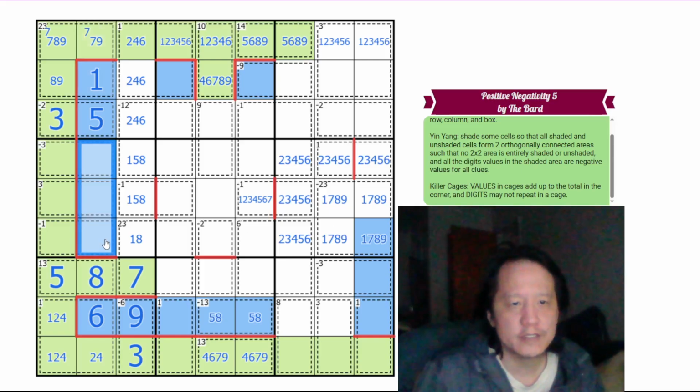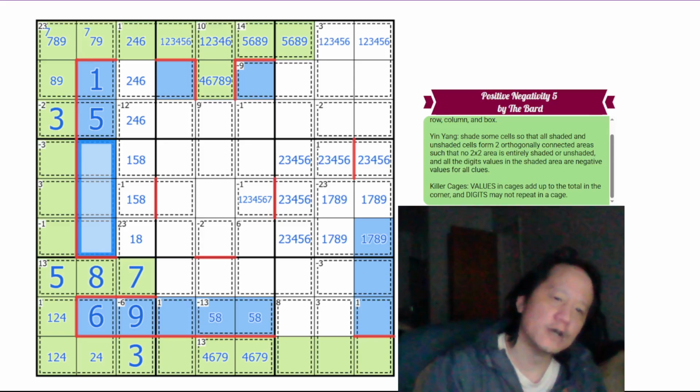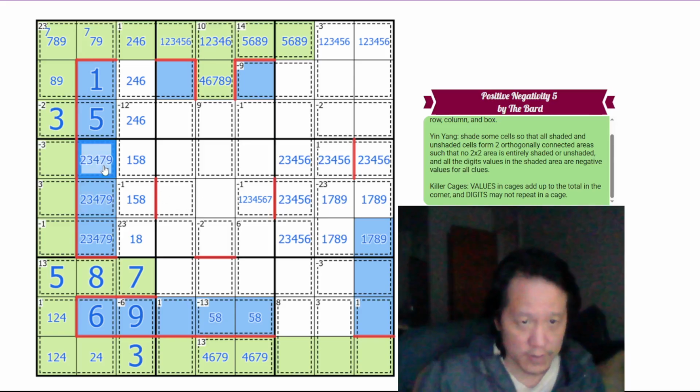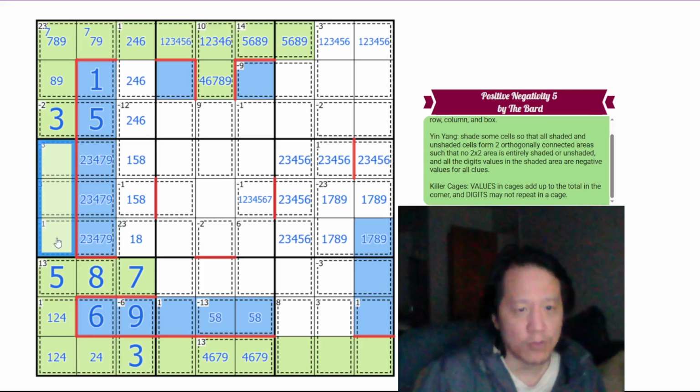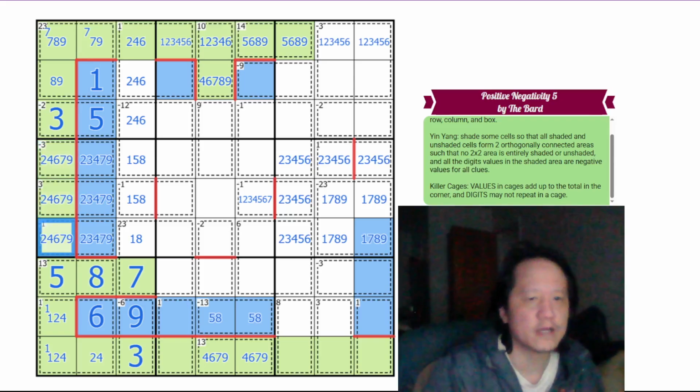So remaining digits in column 2. We have 2, 3, 4, 7, 9 as possibilities. Well, to give you negative 3, this can't be 1 because 1 is guaranteed to be here. What are the remaining digits in column 1? We have 2, 4, 6 guaranteed, and 7 or 9.